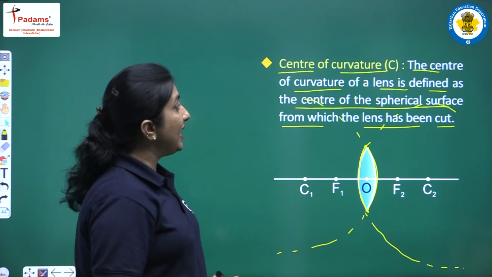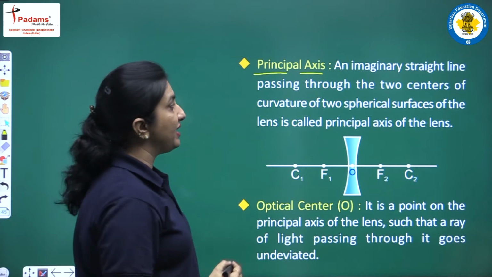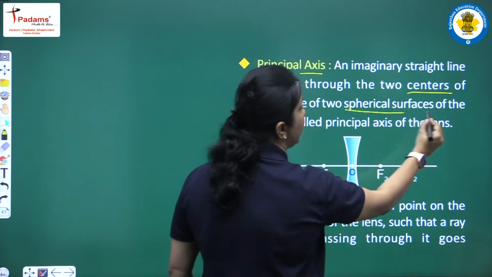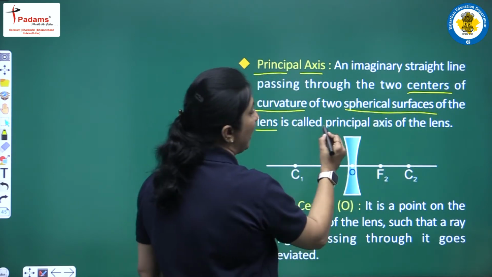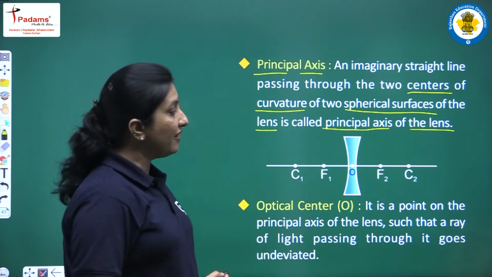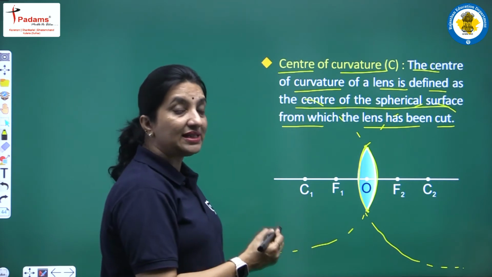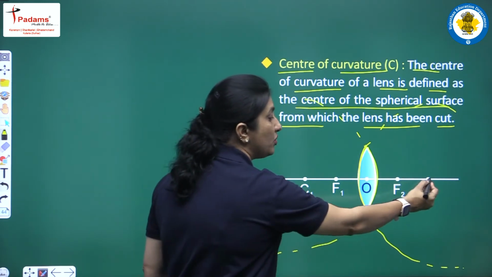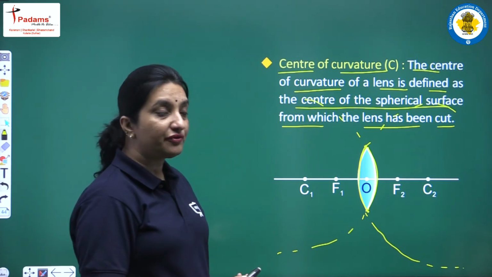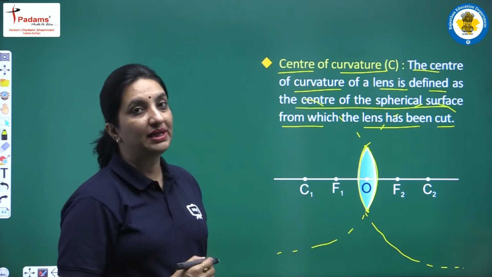Right? Next we have the principal axis, which is an imaginary straight line passing through the two centers of curvature of the two spherical surfaces of the lens, and it is known as the principal axis of the lens. In this convex lens, C1 and C2 are both centers of curvature of the two surfaces by which the lens is formed, and the line joining C1 and C2 is known as the principal axis.